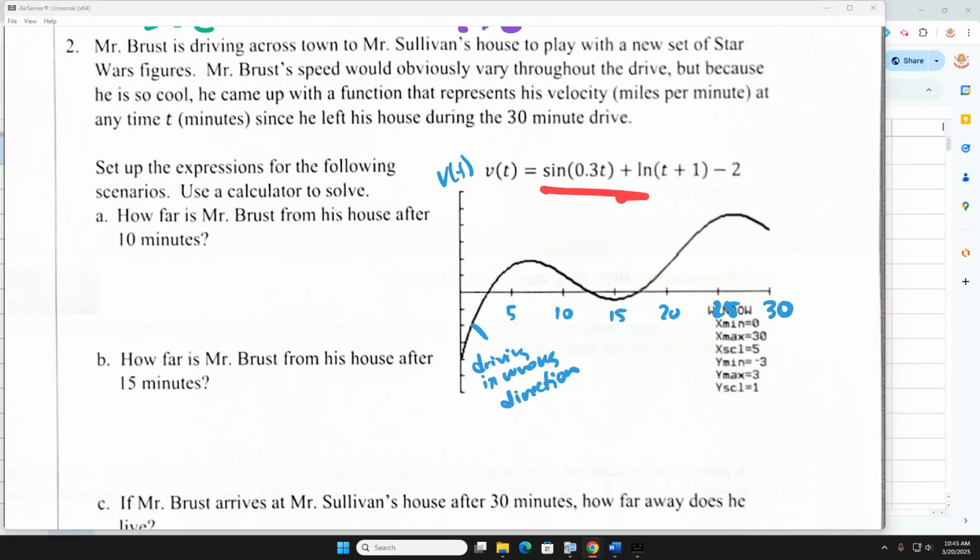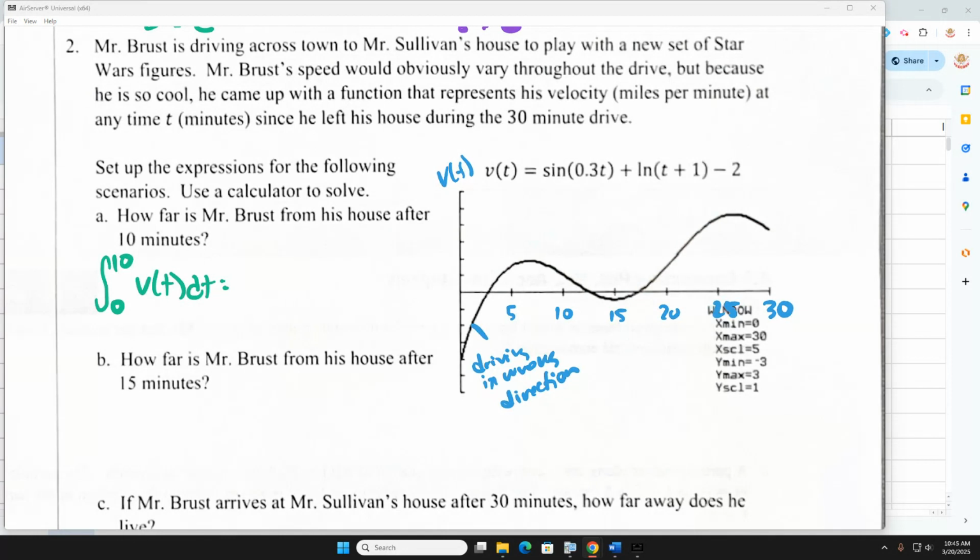This is a rate, and if we want to find how many miles he traveled in a certain amount of time, we can just do the integral from 0 minutes to 10 minutes of his velocity function. And that will give you the total number of miles that he traveled in that 10-minute span.